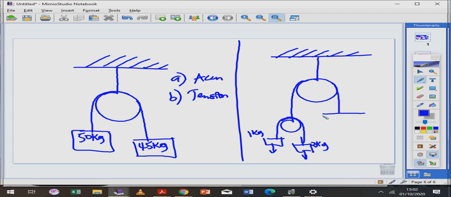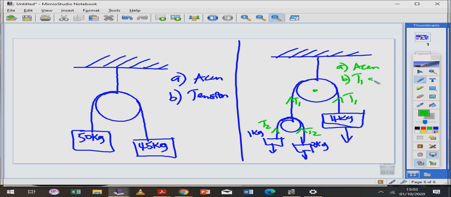And then on this side you have just 1 mass, and it's 4 kilograms. So here you're going to have 2 separate tensions. That can be tension 1, this is the same tension 1, and then this is going to be a different tension. So yeah, try. If you can do this, good. If you can't, we'll go over it in the video call on Monday. But still again finding acceleration and the tensions.